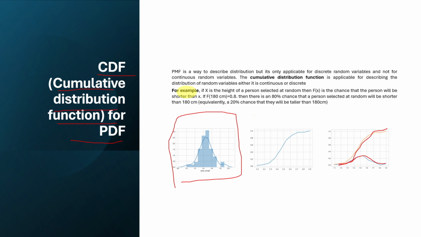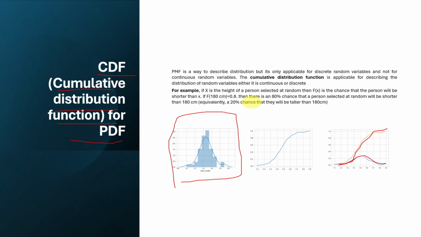For example, if x is the height of a person selected at random, then f of x is the chance that the person will be shorter than x.